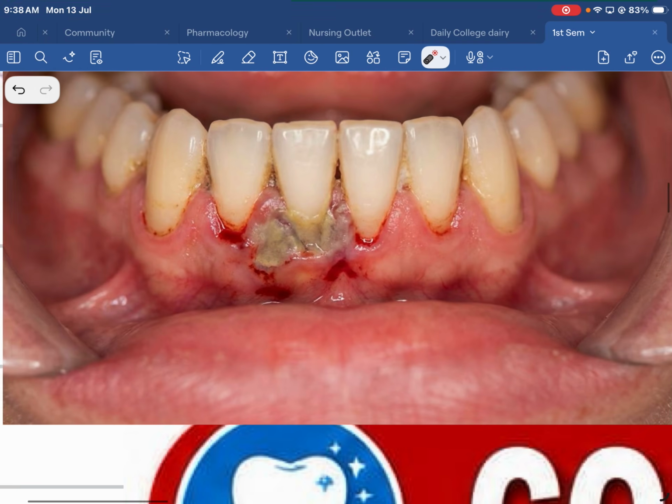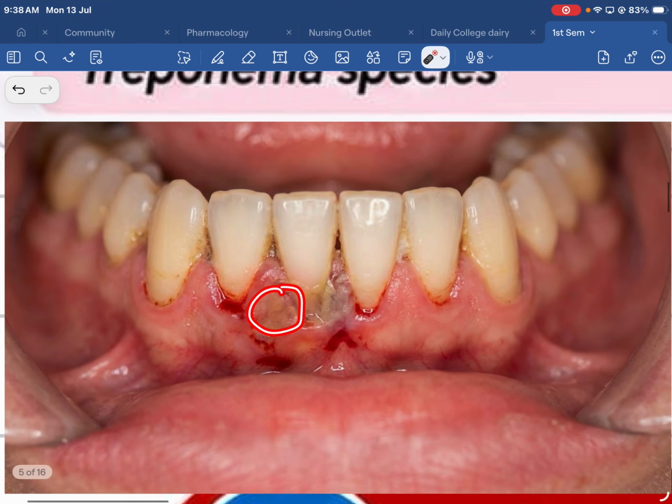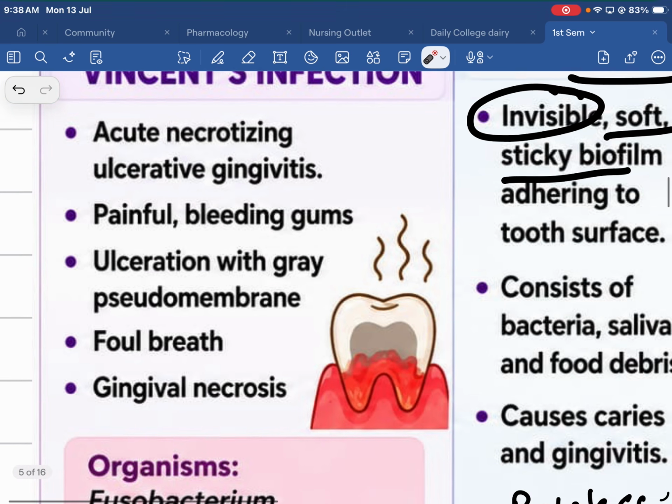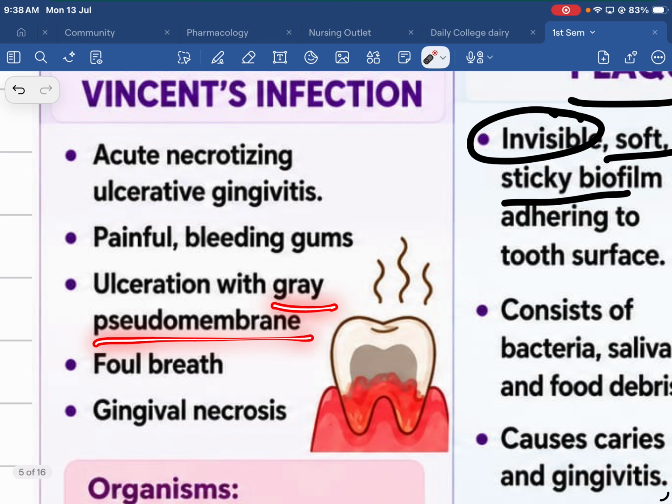You can see there is a grey color, right? Are you understanding? There is a bump coming out between the teeth, that is a grayish color, okay. A grayish pseudomembrane.